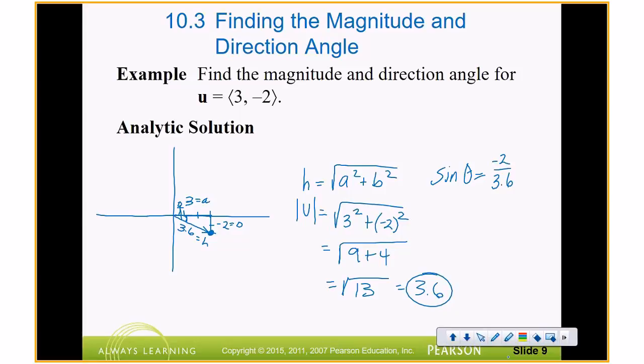And you really don't need the negative. The negative is always going to tell you that it's in the third quadrant. Sine inverse of negative 2 over 3.6. What do you get?